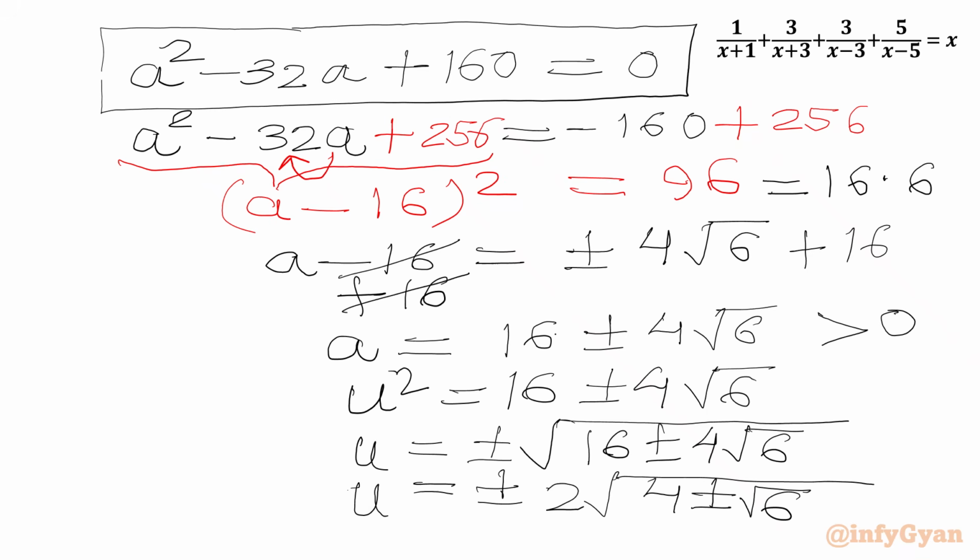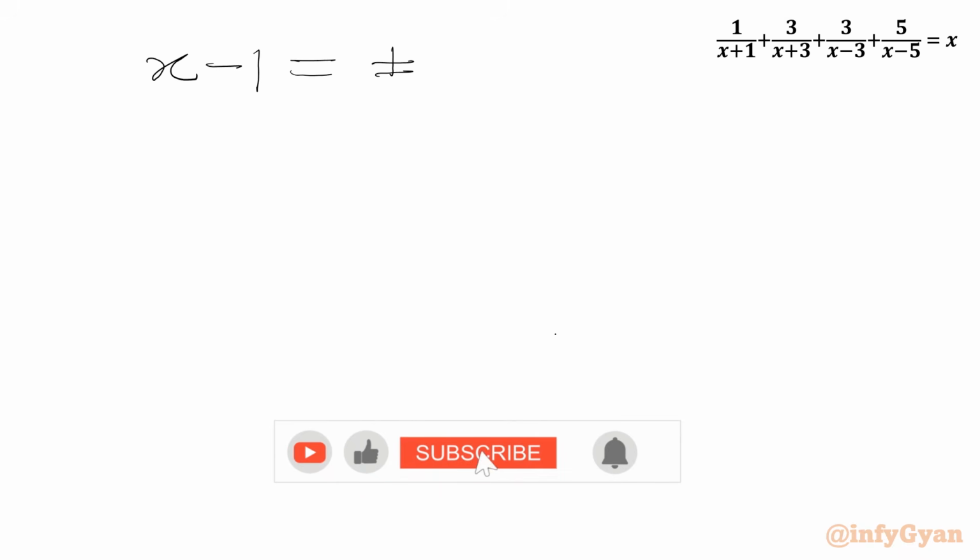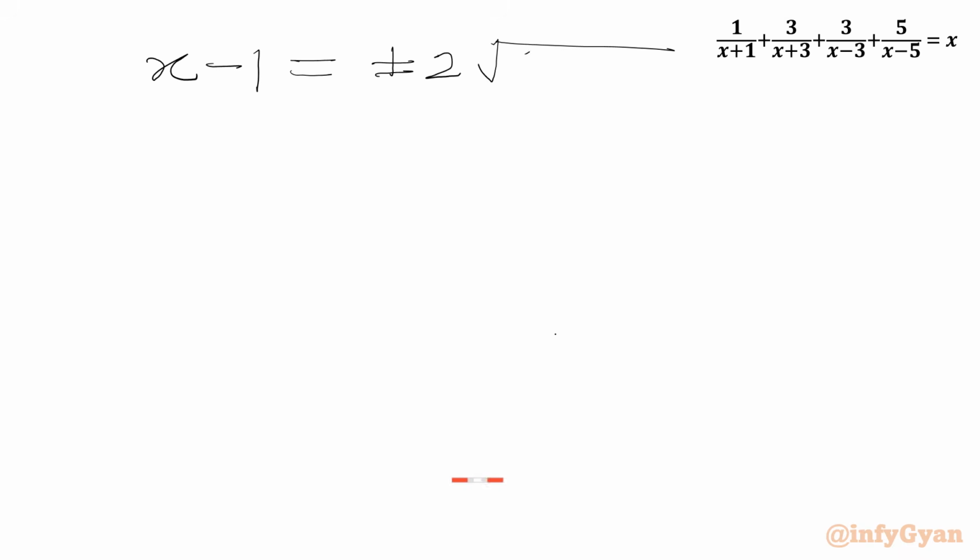This is the value of u, and u was our substitution x minus 1. So we can write here x minus 1 equal to plus minus 2 times square root of 4 plus minus square root 6.